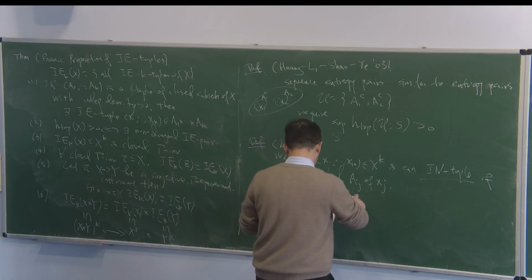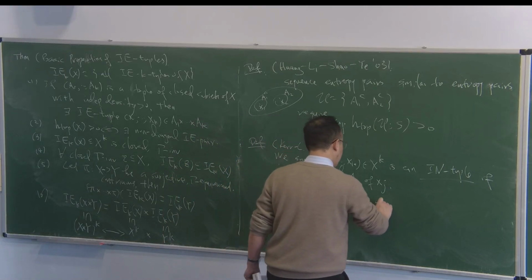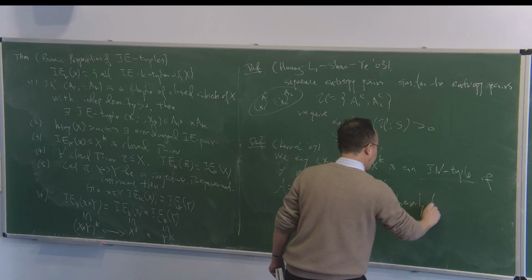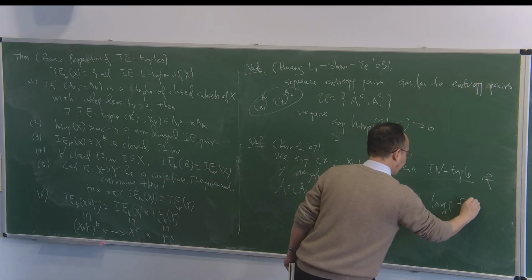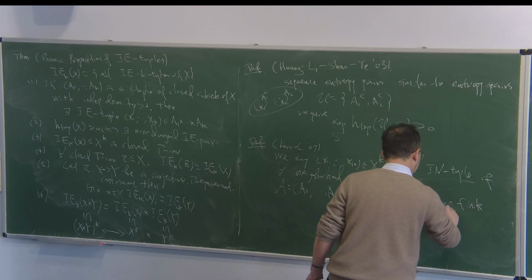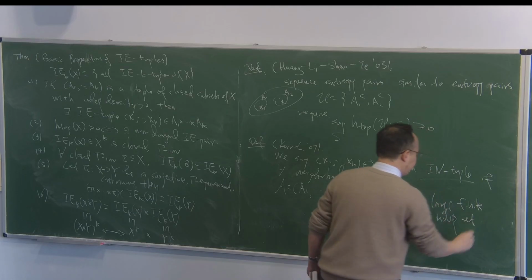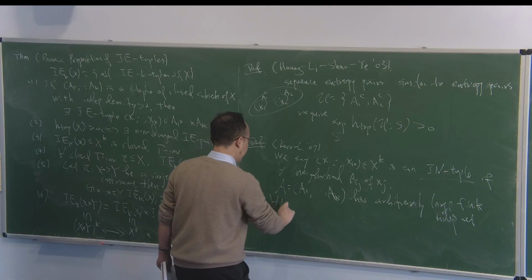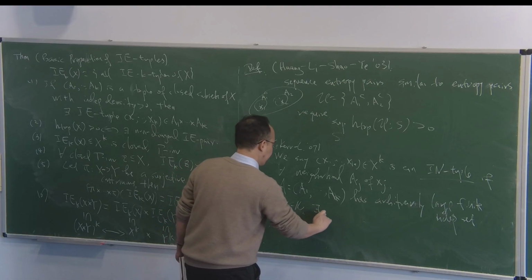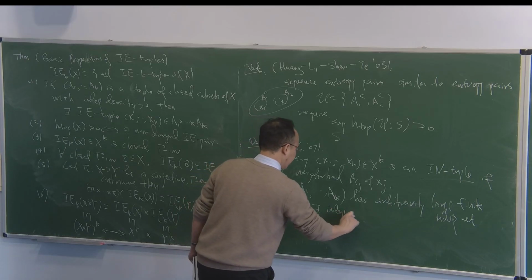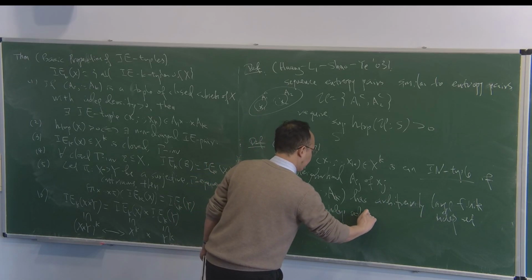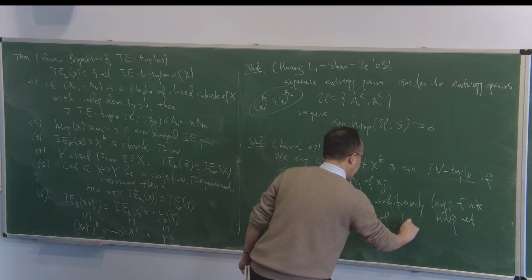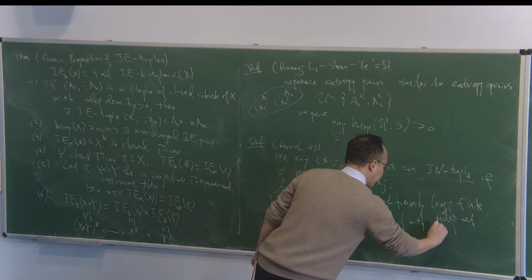Here, now we just say that it has arbitrarily large finite independence sets. That simply means that for each n, maybe this independence set F of A has size at least n.